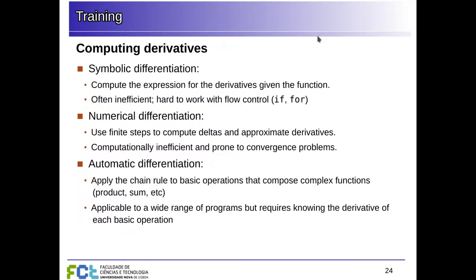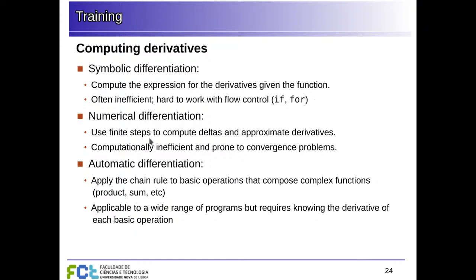It's also something that does not work well with flow control elements. If we have conditions or loops or things like that, then computing a single expression that takes into account all the different cases is very hard, and it complicates this kind of approach a lot. So this is not the approach we're going to take when trying to do backpropagation with TensorFlow.